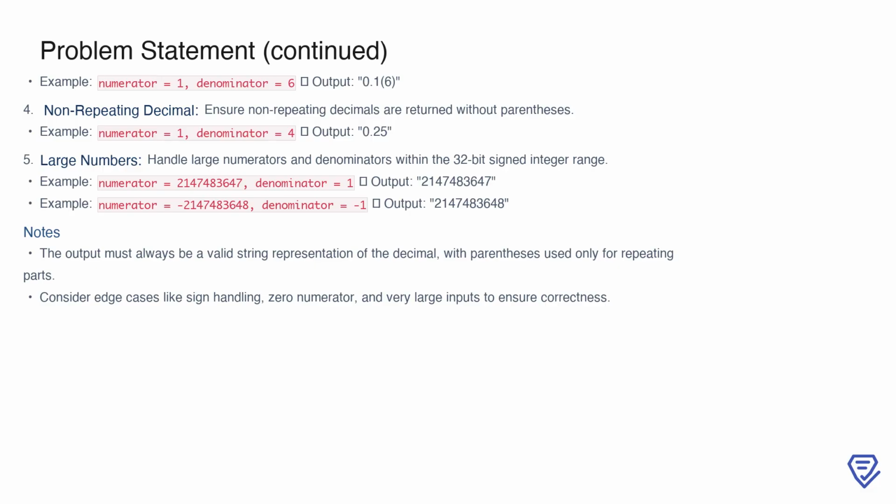For instance, 2147483647 over 1 should return 2147483647, and -2147483648 over -1 should return 2147483648. In all cases, the output must be a valid decimal string, with parentheses used only for repeating sequences. Handling these edge cases ensures the solution is robust and accurate.